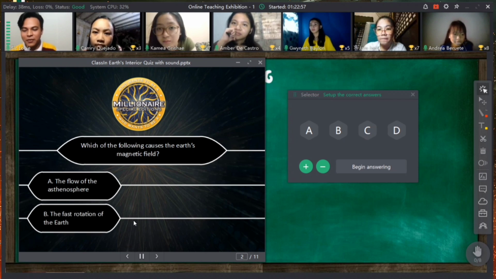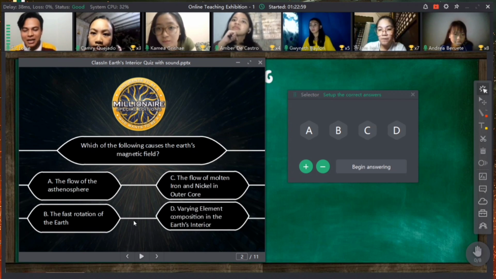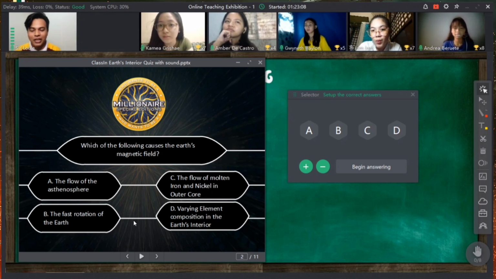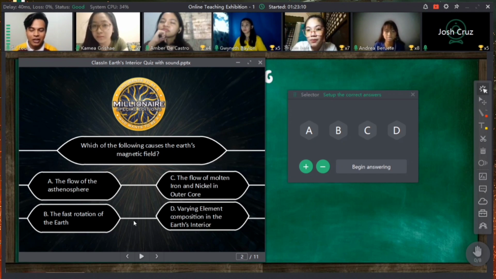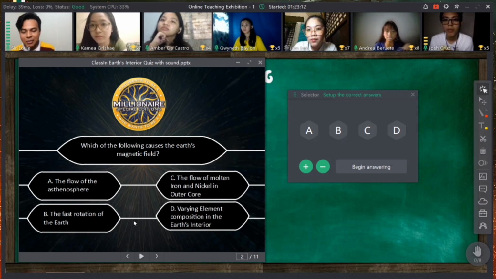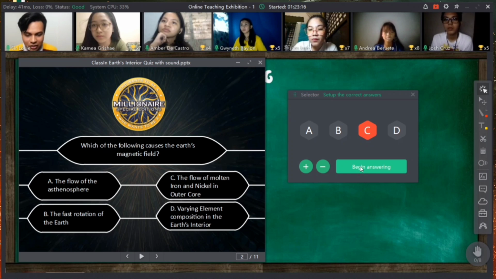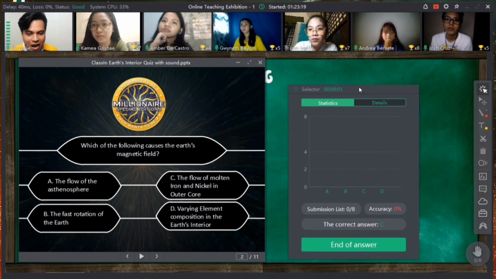Okay, so which of the following causes the Earth's magnetic field? A. The flow of the asthenosphere. B. The fast rotation of the Earth. C. The flow of molten iron and nickel in the outer core. And letter D. The varying element composition in the Earth's interior. So key in your answer now.